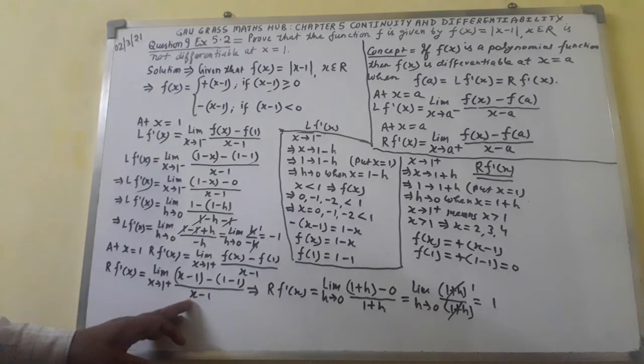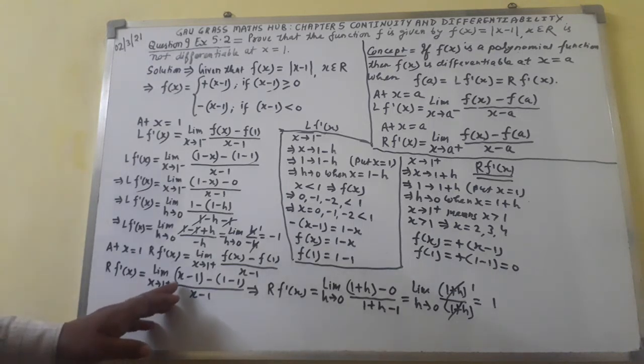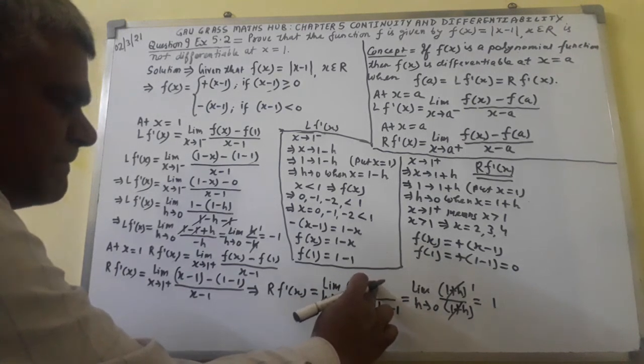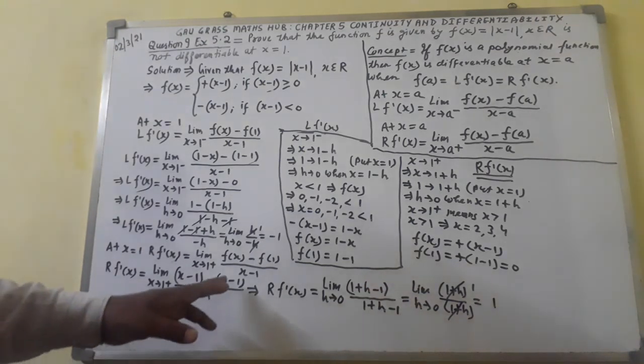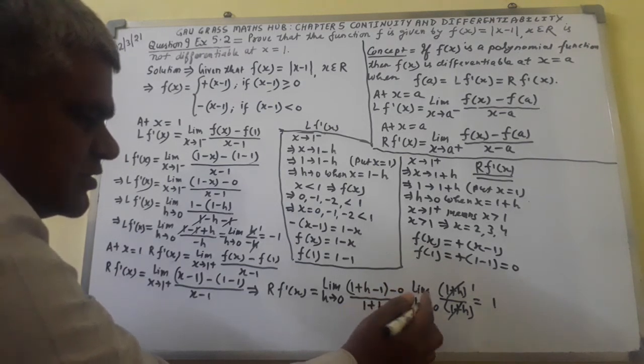In place of x I shall write 1 plus h minus 1. And here 1 plus h, in place of x I shall write 1 plus h minus 1. So here write minus 1. Here minus 0, so it will become minus 0. It will become like this.